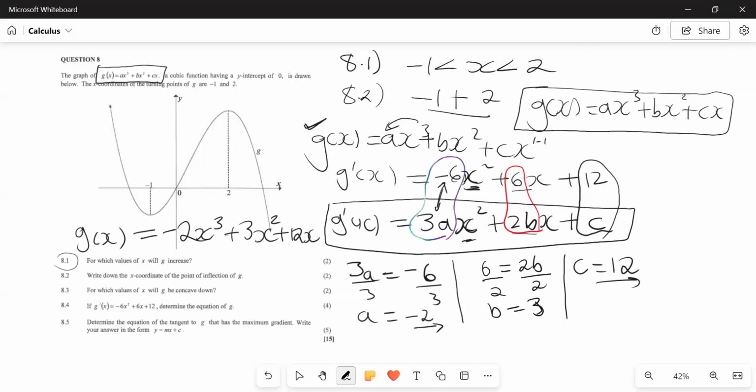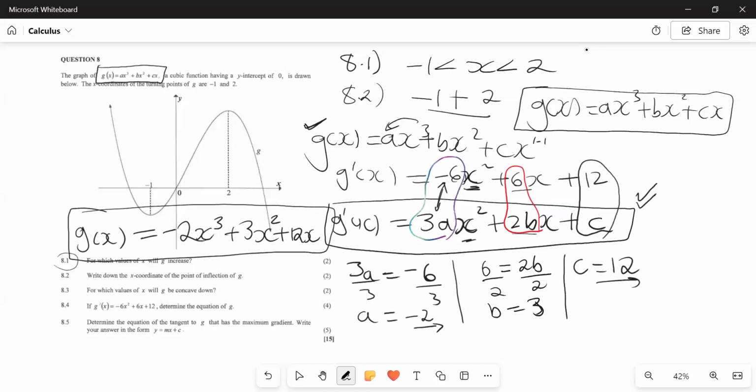And then we got our equation of g of x. What's important is that you understand the link between these coefficients, right?